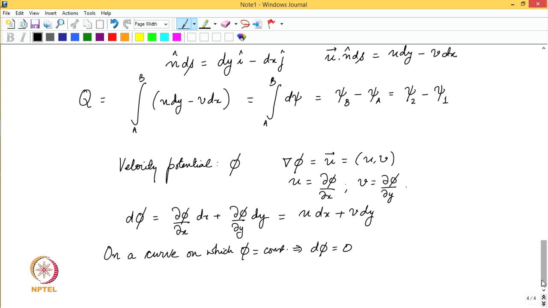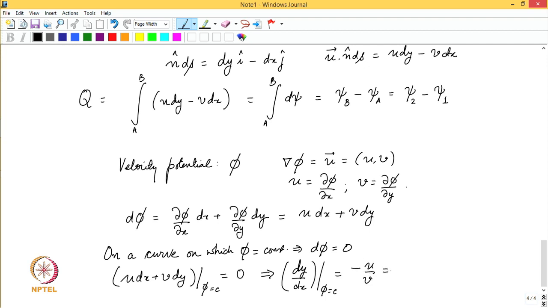What it means is that u dx plus v dy on this specific curve where phi is a constant is 0, which means if we rearrange again, we can prove that dy dx for this curve where phi is a constant is minus u by v, which I could also write as minus 1 by v by u.